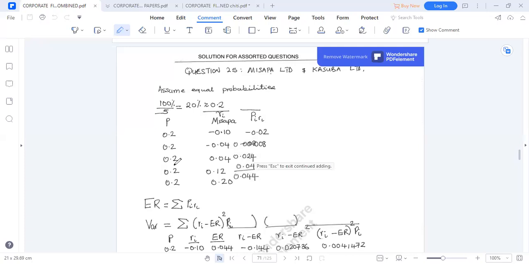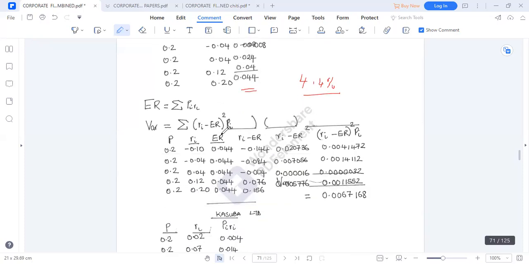We calculate each of them, multiplying the probability and the return. Then you total up, and our total value is going to be 0.044. If you want to put it in percentage, you multiply by 100, so 4.4% is the expected return for Misapa.